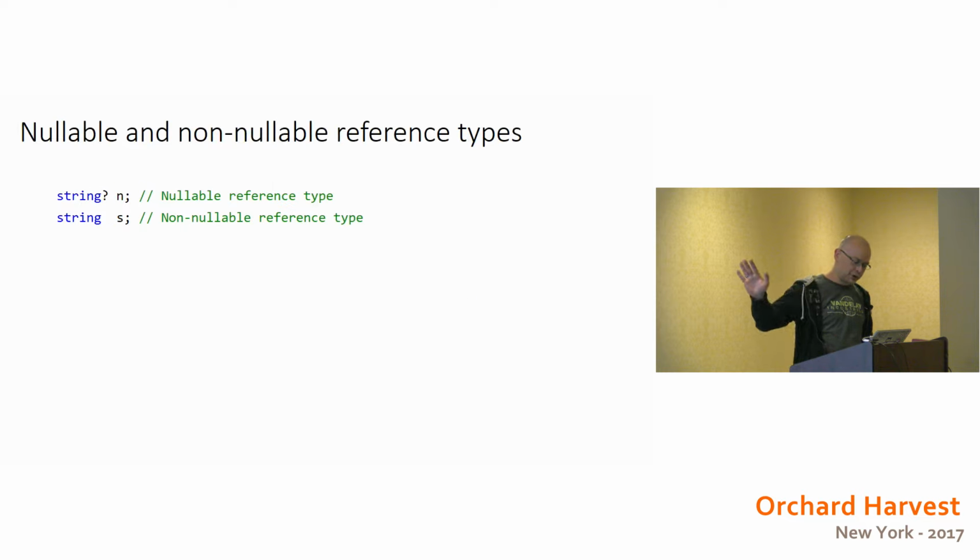Yeah, so now we're switching to a different area, which is nullable and non-nullable types. And this is a delicate one. This was one of the candidates for C# 7 actually, and it didn't quite make it. I don't know why exactly, but I suspect it was because it was still a little too controversial.